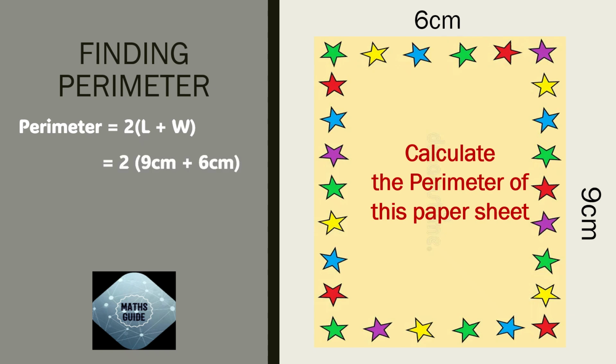Perimeter is equal to 2 into (9 centimeter plus 6 centimeter). First of all, we will add them. 9 plus 6 is 15 centimeter, and then multiply by 2, we get 30 centimeter. It means if the sum of these two sides is 15 and these two sides is also 15, the sum of all four sides is 30 centimeter.